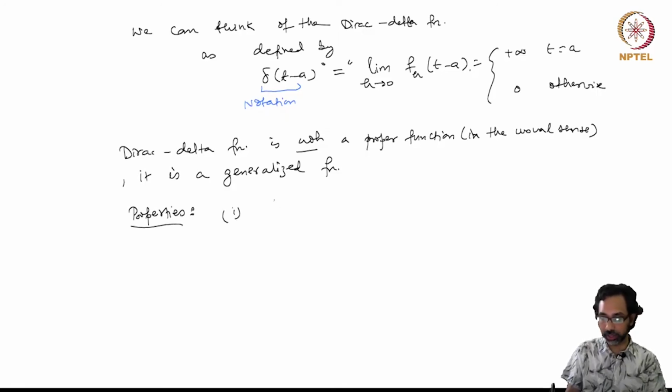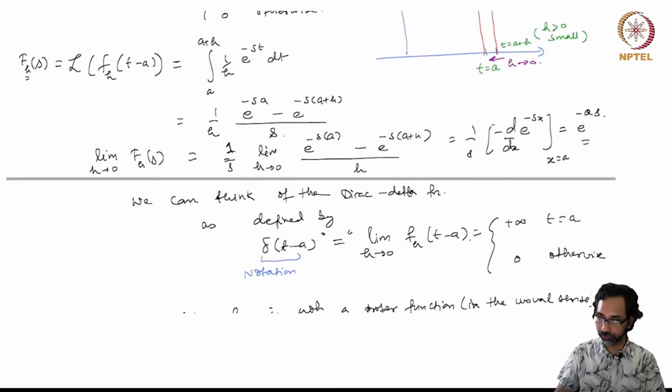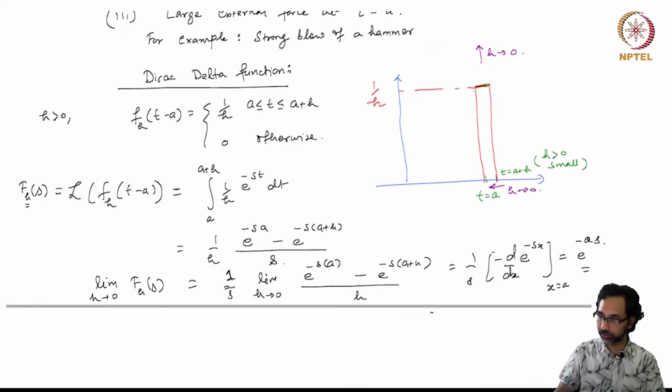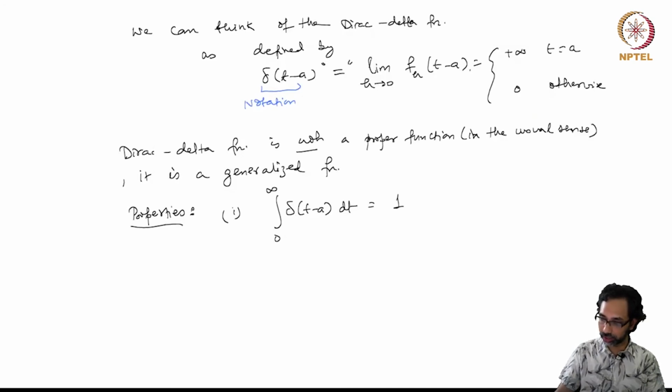The first property is that the integral from 0 to infinity of delta(t - a) dt is equal to 1. This is because the area is simply h times 1/h, which is 1. So even as h goes to 0, the area remains constant, and if you take the limit inside formally, then you get this property.